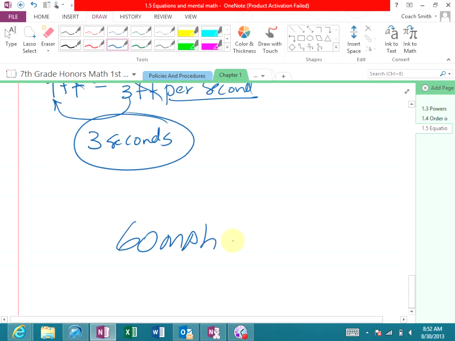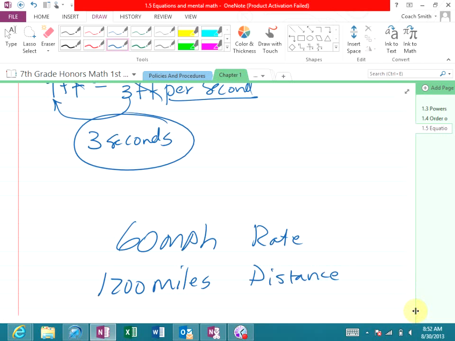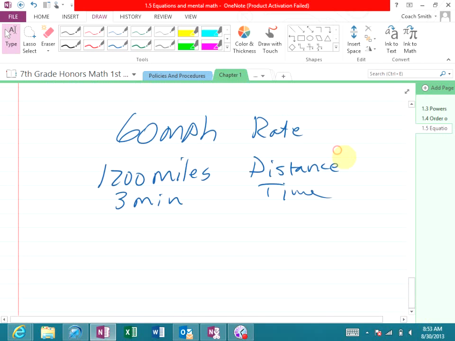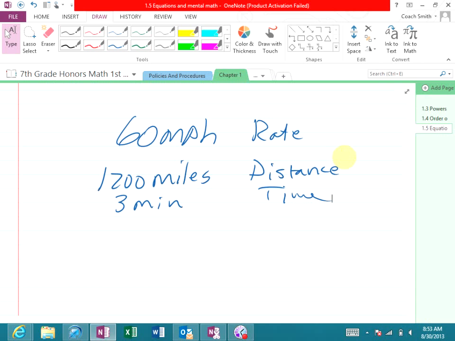That would be a sample rate. For the distance, you would have something like 1,200 miles. So that would give you an example of a distance label. And then time is obviously 3 minutes, something like that. That's obviously a time label. Okay? So that's how you figure distance, rate, and time problems.